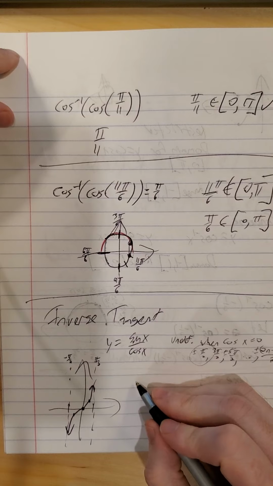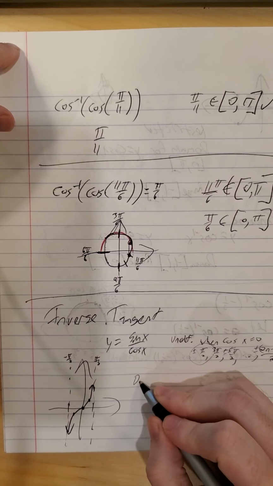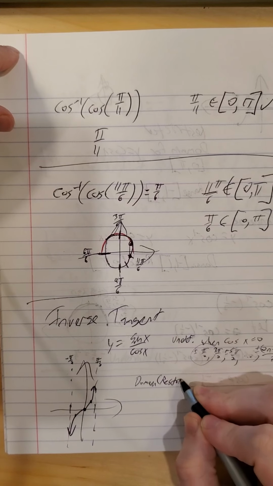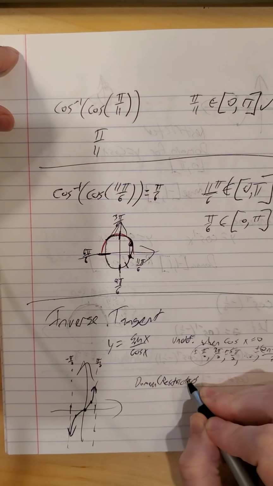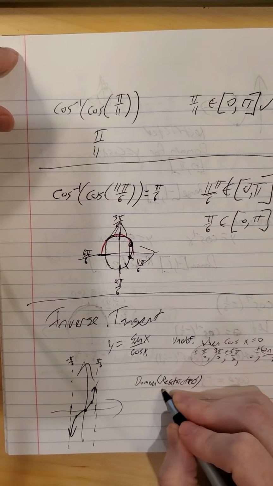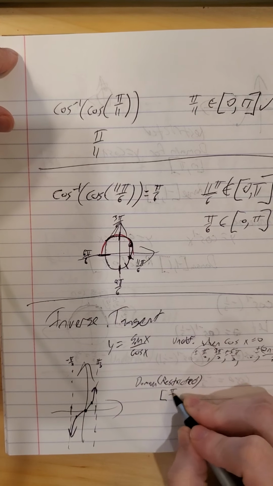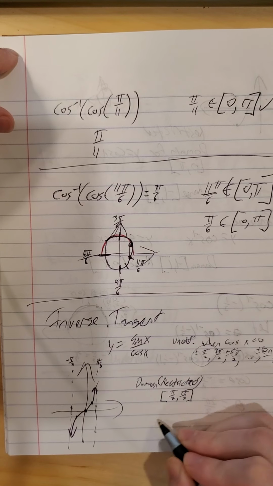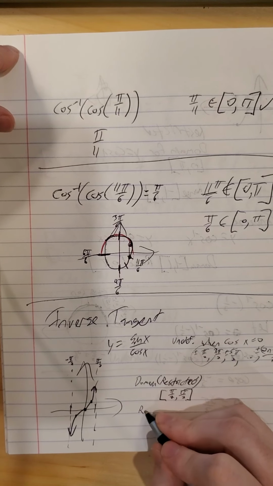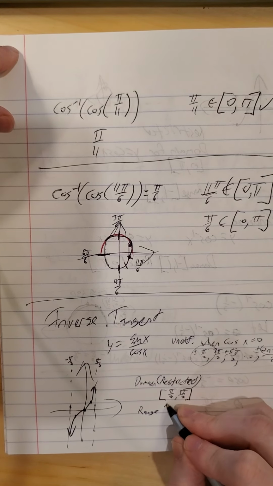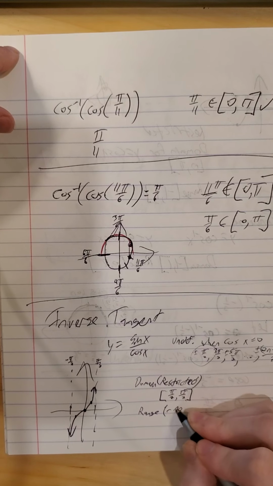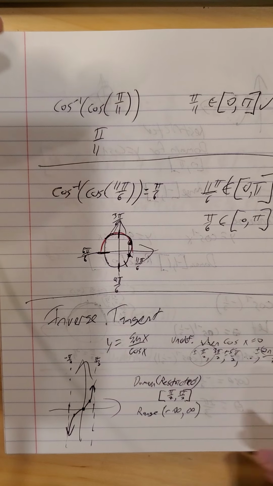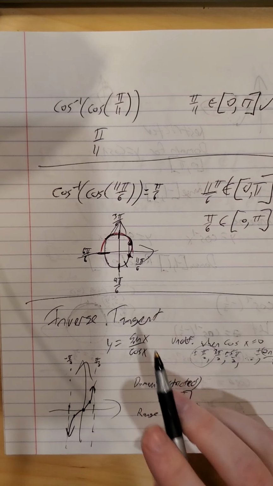So for the original tangent, our domain, with our new restricted domain, just like the sine, we're looking at negative pi over 2 to pi over 2. Range, as you can see, is an infinite number of values, negative infinity to infinity. We can go as low or as high as you want.